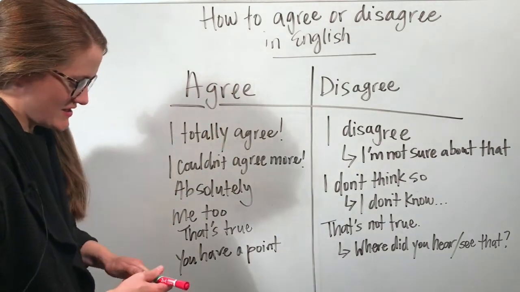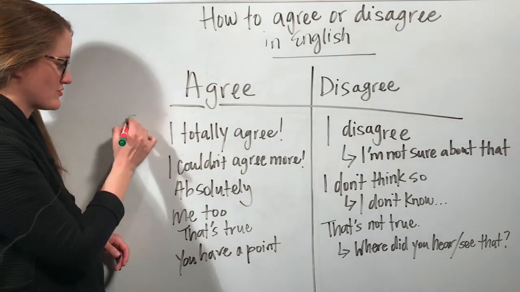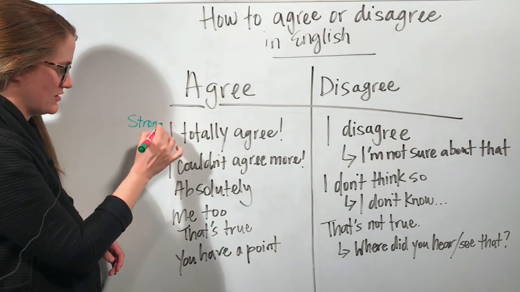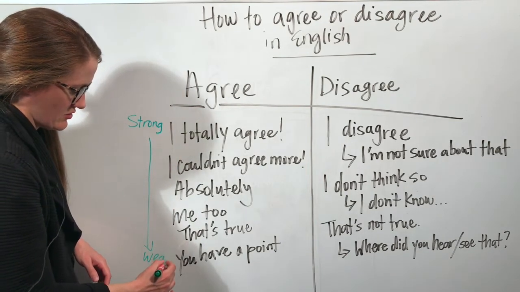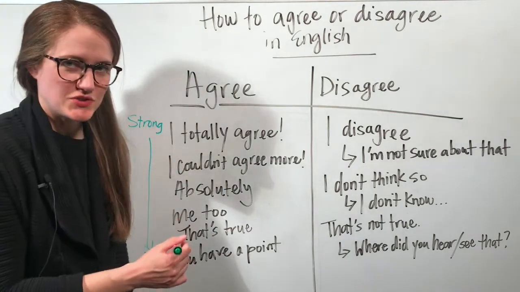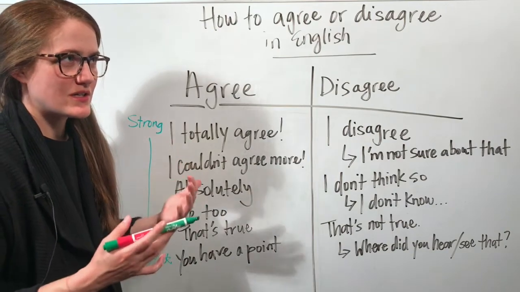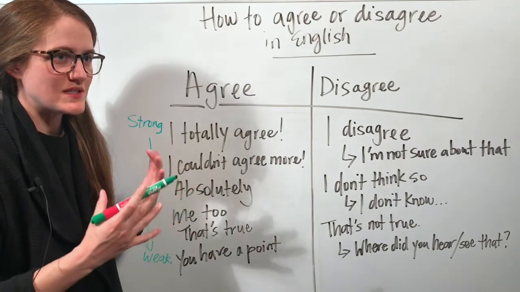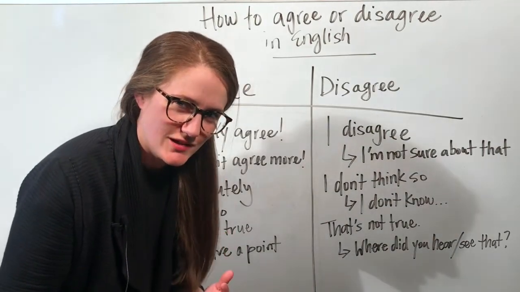Okay, now these are written on the board from strong down to weak agreement, okay? So this first one, I totally agree. That's pretty strong. Now remember, Americans, we usually say things a little bit stronger than we mean.